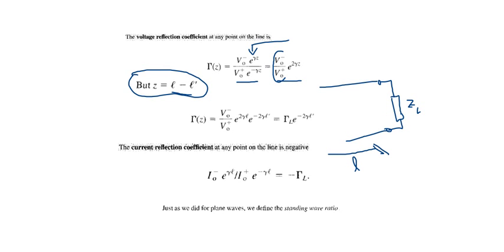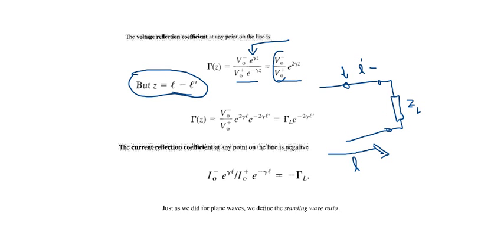Now if I'm talking about a certain point on a line, let's say the value of the reflection coefficient at this point on the line, then this is nothing but my L dash.